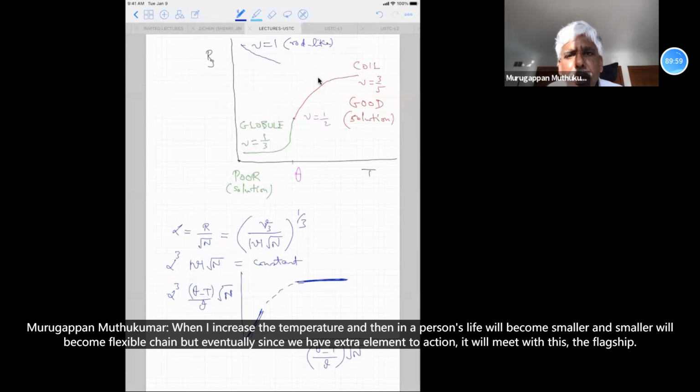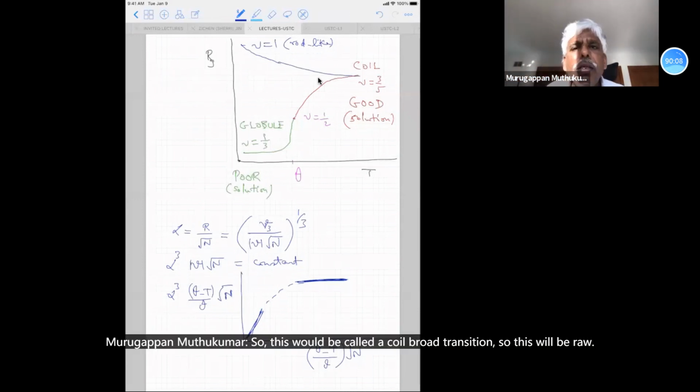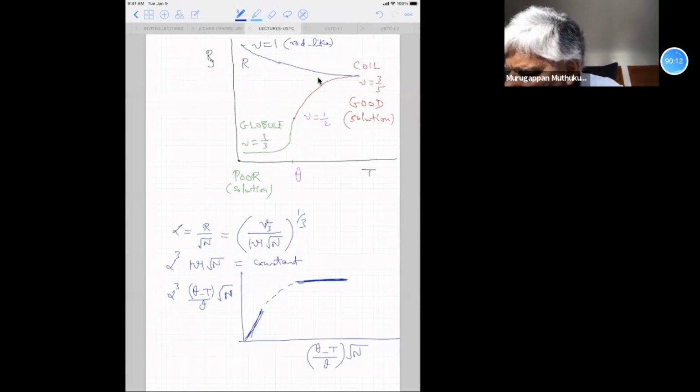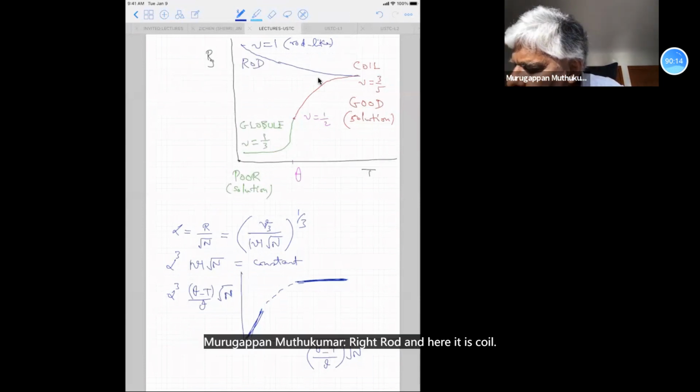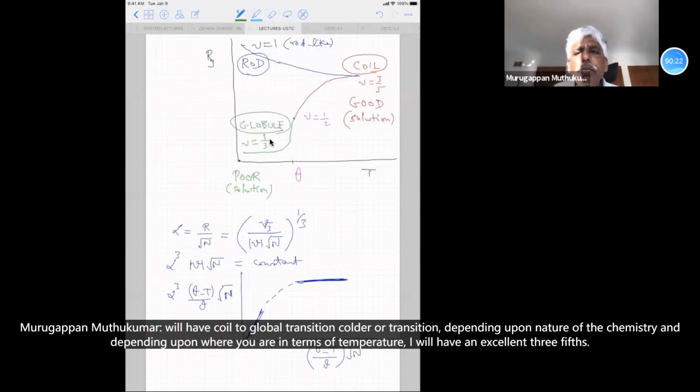It will become a flexible chain, but eventually, since we have excluded volume interaction, it will meet with this line here. So this would be called a coil-rod transition. So this will be rod, and here is coil, and this is globule. So we'll have a coil to globule transition, and a coil to rod transition, depending upon the nature of the chemistry.